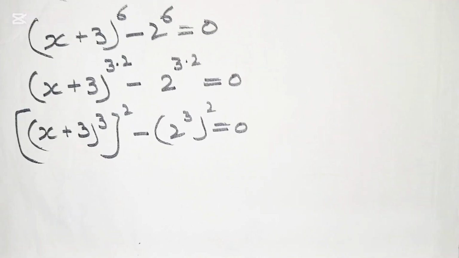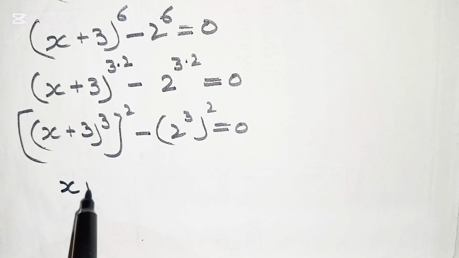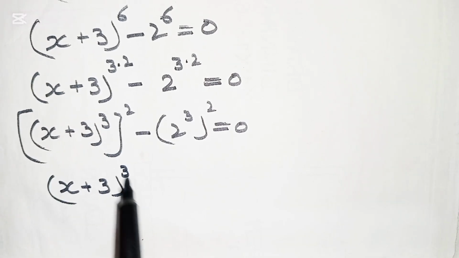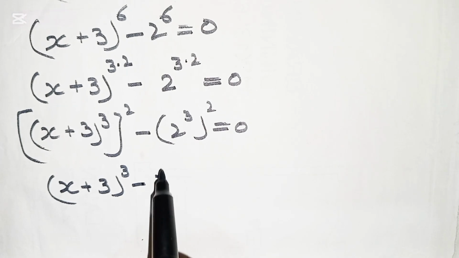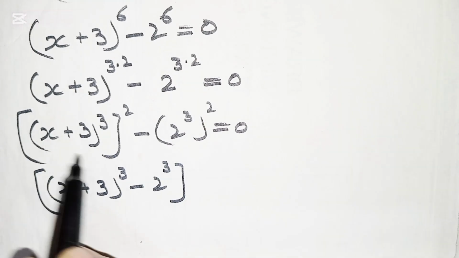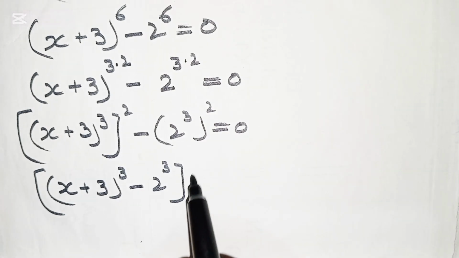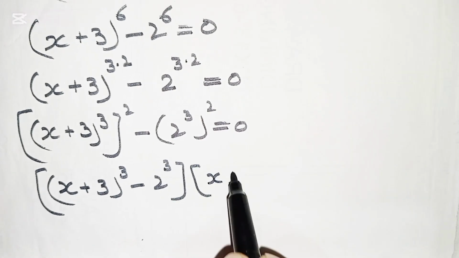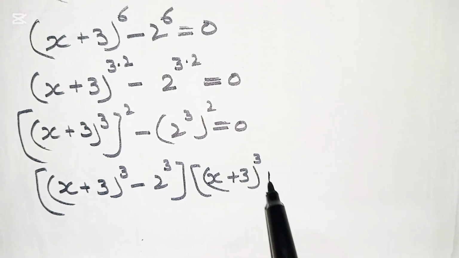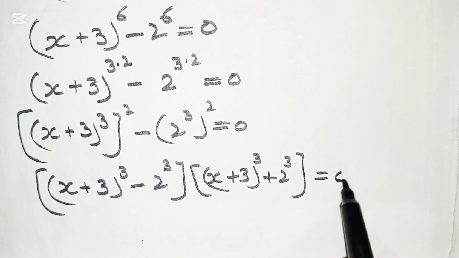So here (x+3)^3 minus this 2 cubed, and this whole to the power of 2 can be written as, now, (x+3)^3 plus 2^3 equal to 0.